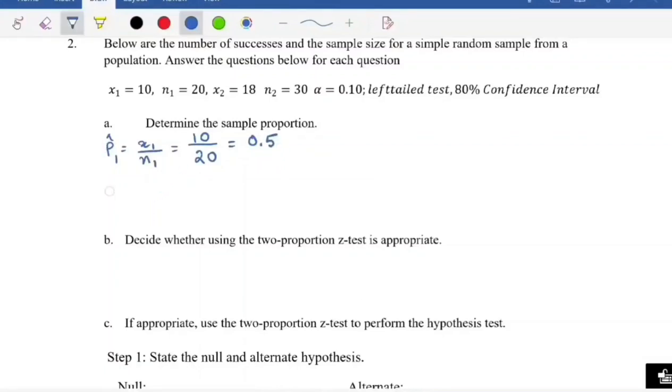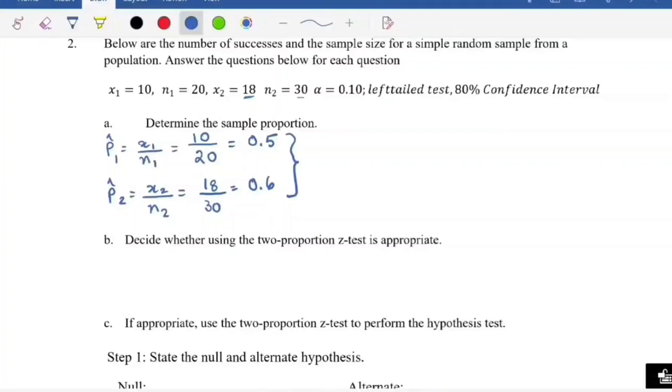For p hat sub 2, it's going to be x sub 2 divided by n sub 2. X sub 2 is 18. N sub 2 is 30. So 18 divided by 30 is 0.6. So these two are our sample proportions from the samples drawn from population 1 and population 2.